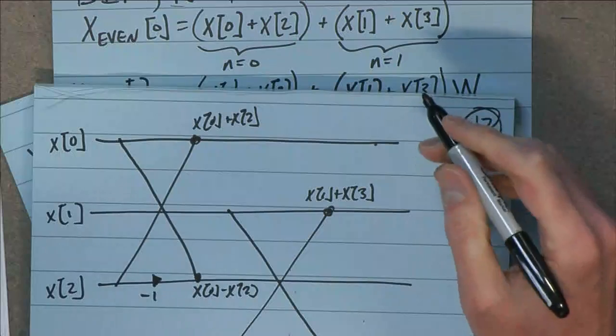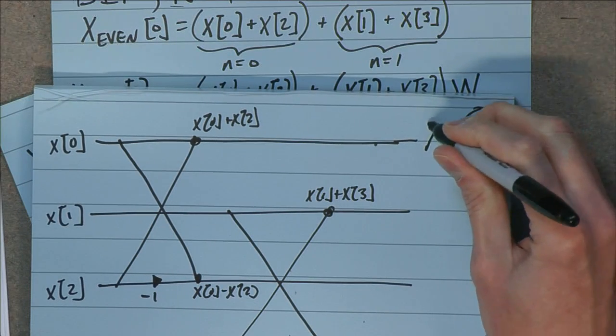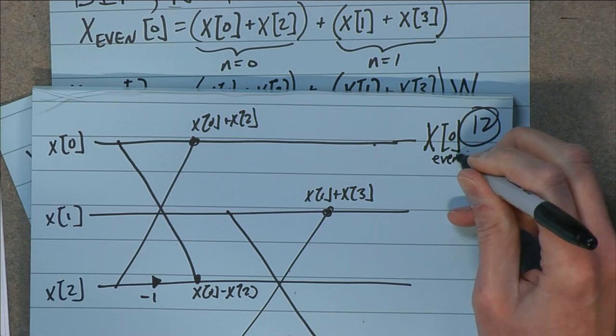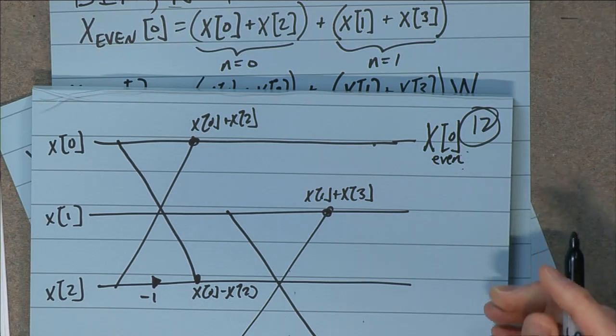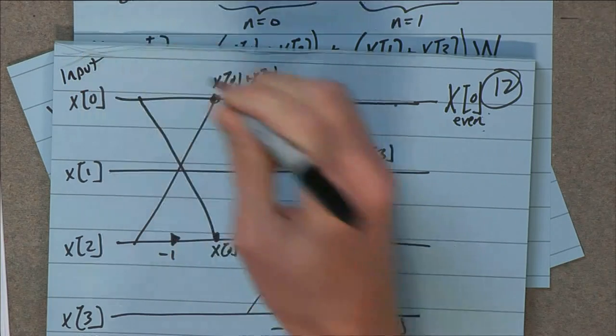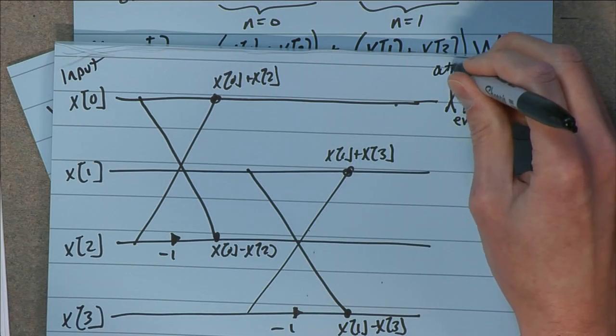And we know this x0 even, it's hard to show that because x0 even is also x0 of the entire DFT output that we care about. So this was the input, and this is output.